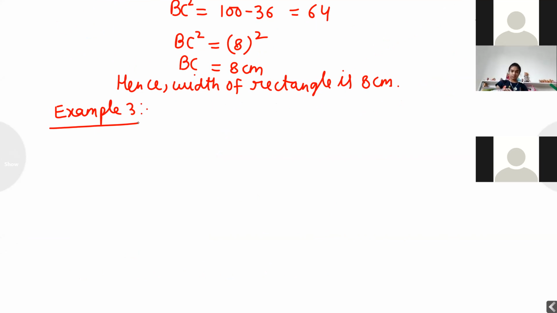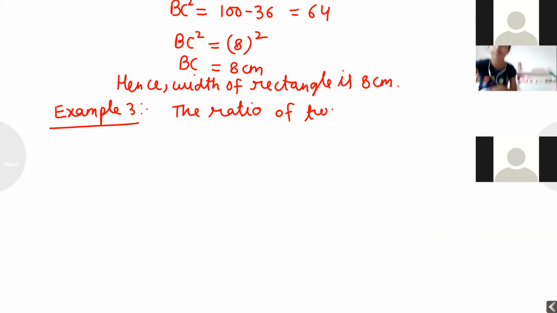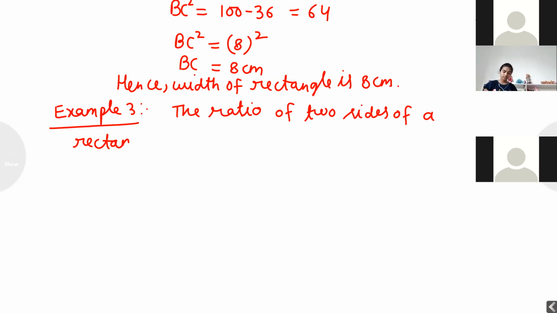The ratio of two sides of a rectangle is 2:5.